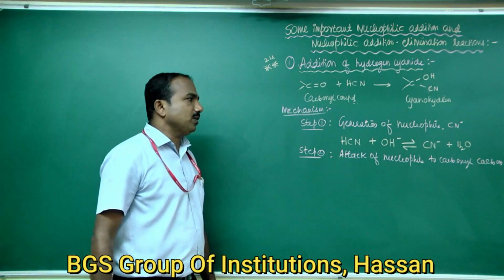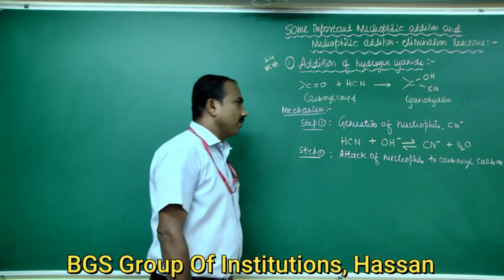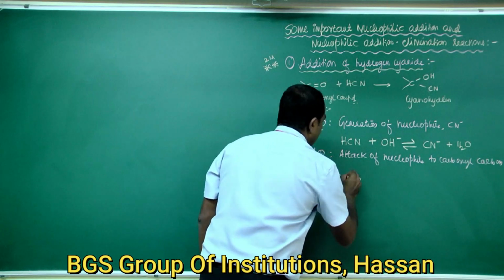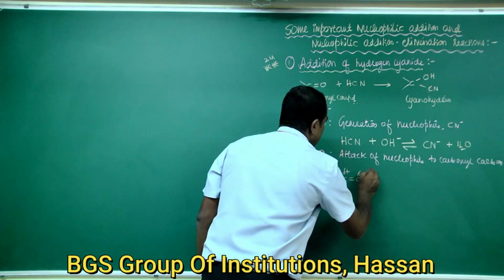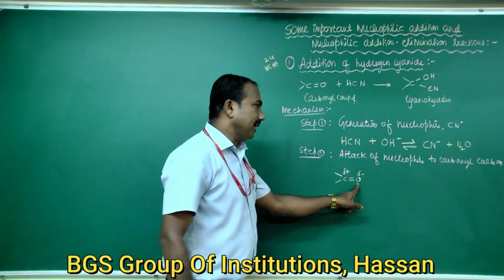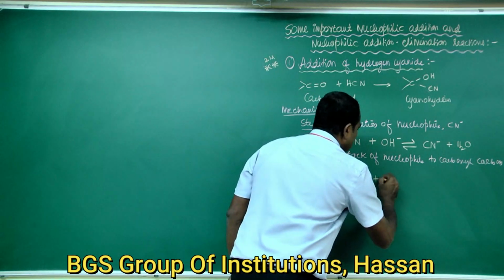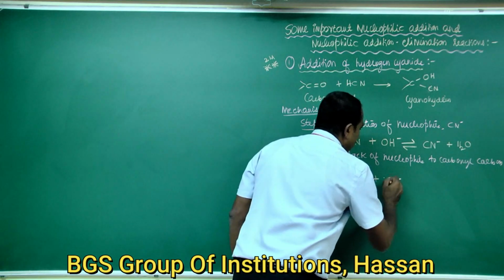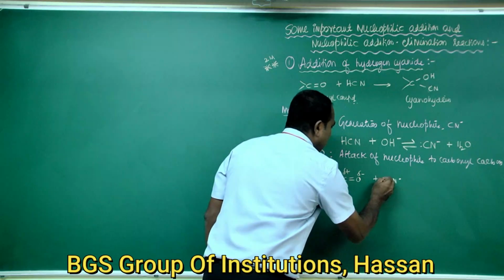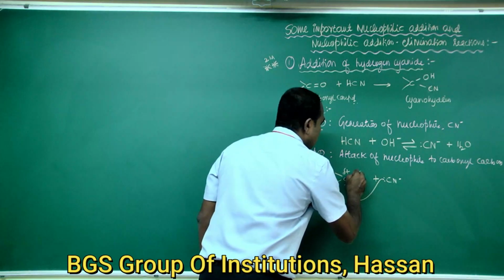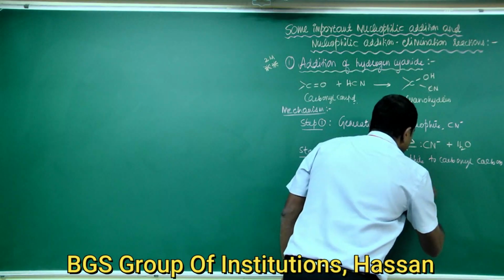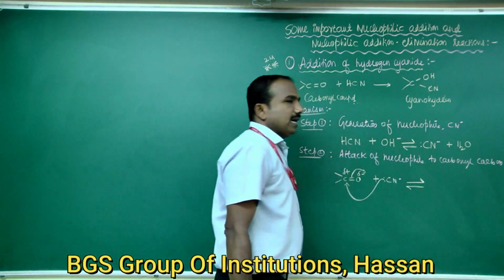In the carbonyl group, C double bond O, the carbon bears a partial positive charge and the oxygen bears a partial negative charge. The carbonyl carbon is attacked by the nucleophile, cyanide CN minus. As it attacks the carbonyl carbon, the double bond shifts to form the tetrahedral intermediate.